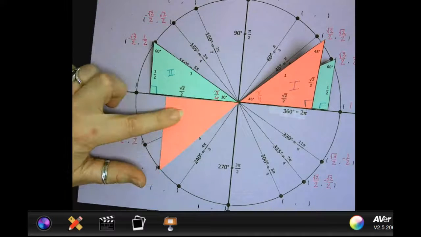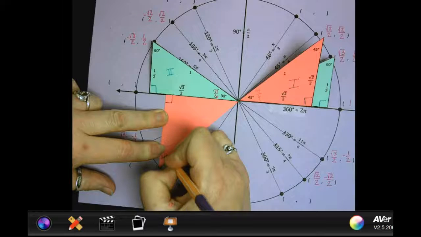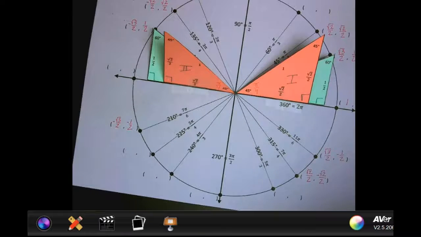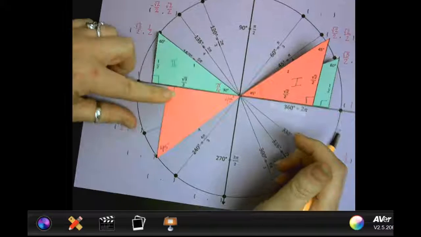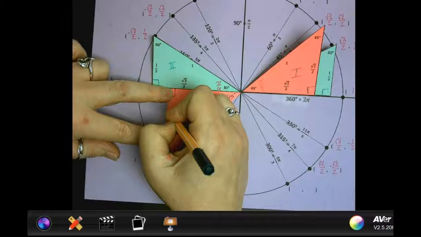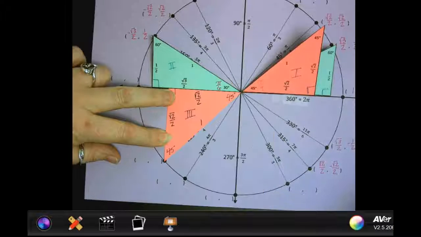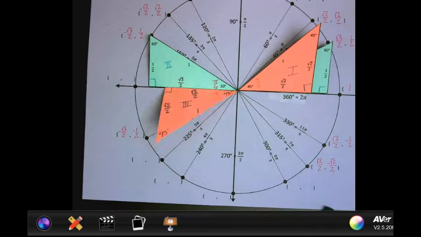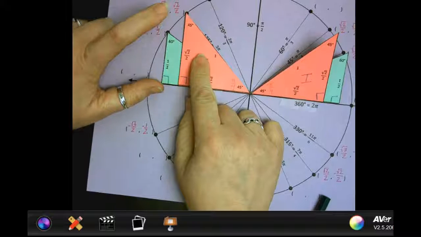Then I'm going to reflect this down. All right, so in the second quadrant, I'm at negative square root of 2 over 2, square root of 2 over 2.